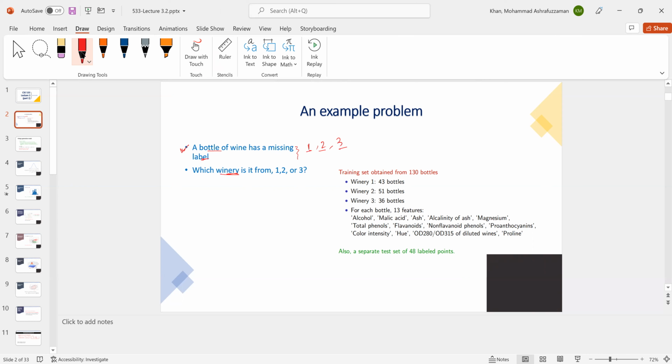And when a bottle is given, we'll get these 13 features for the wine of that bottle.